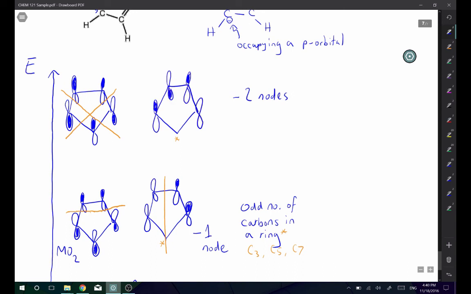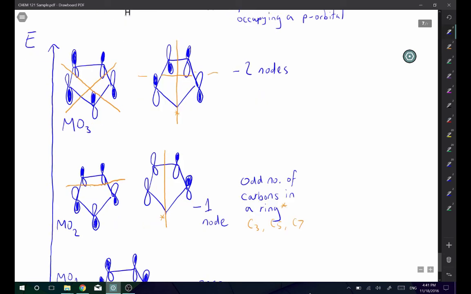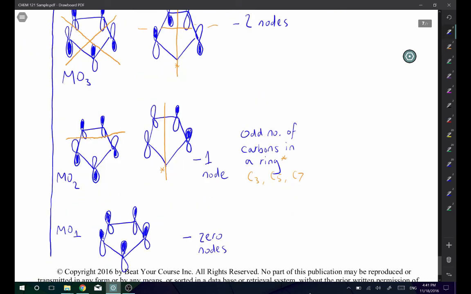So I'm creating as many alternations as possible, and this time our nodes are dissecting here and through there. So those are our 2 nodes. So it looks like in total we have 5 molecular orbitals in total, but 2 pairs of them are actually degenerate, they're actually equal energy.